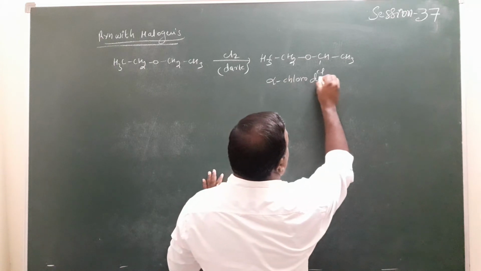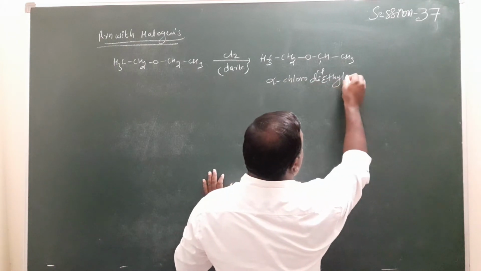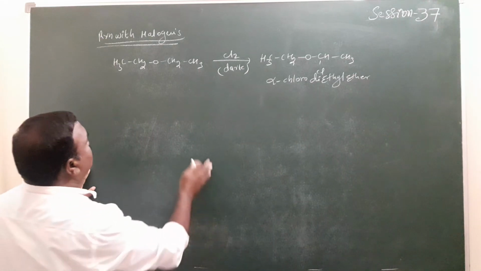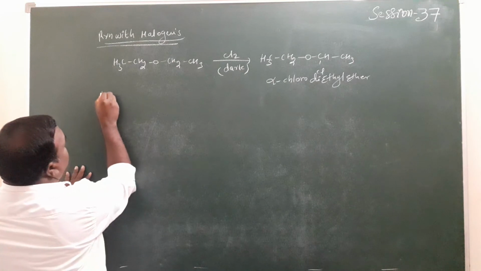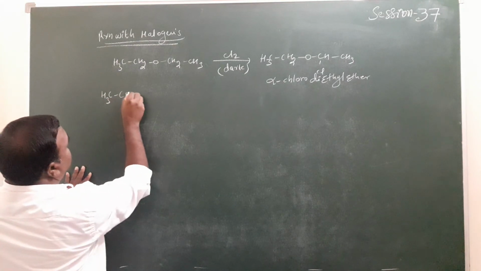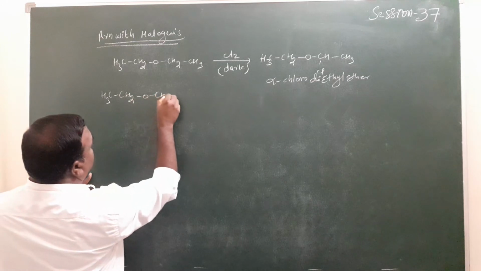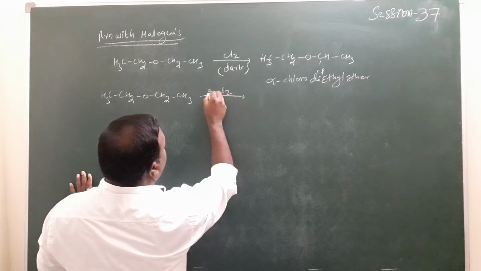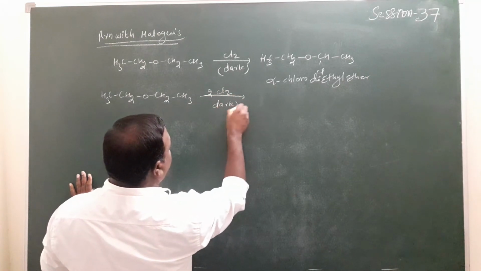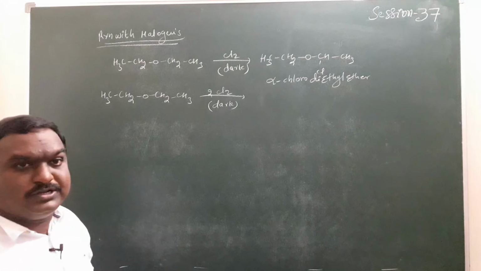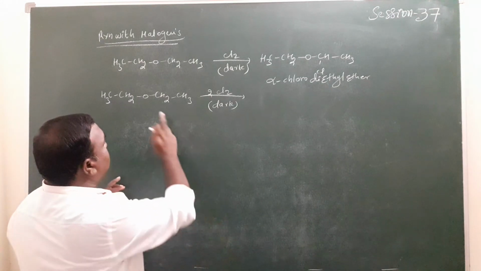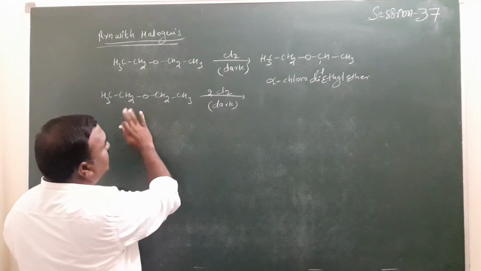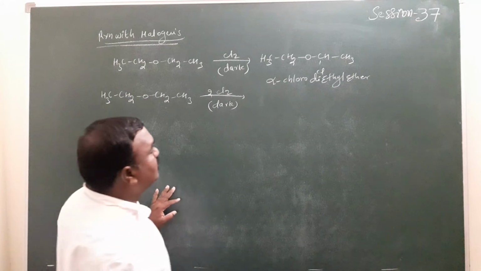Next, dimethyl ether is given and reacts with 2 moles of chlorine. The condition is dark condition, you remember. One hydrogen is replaced by chlorine, and another one is replaced by chlorine, because both are alpha-connected carbons.